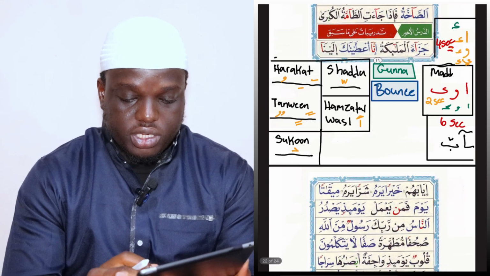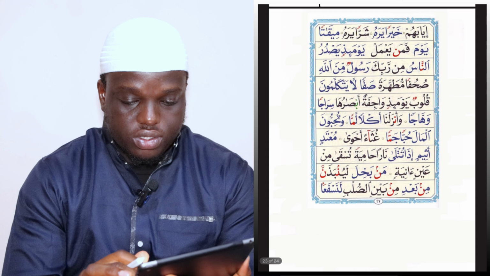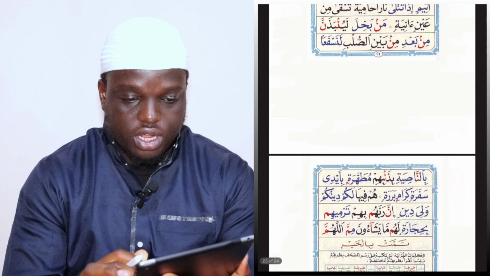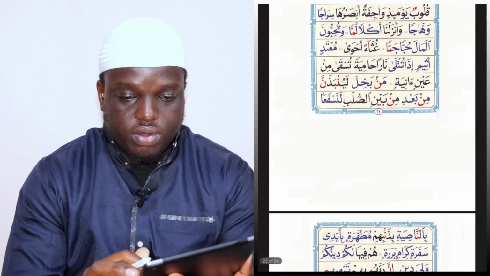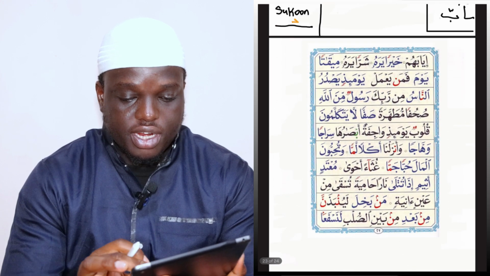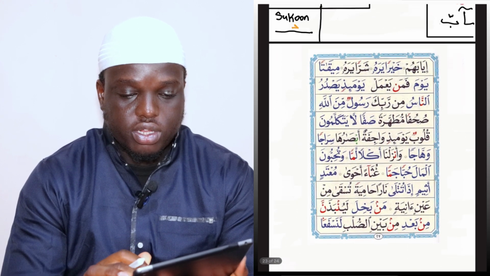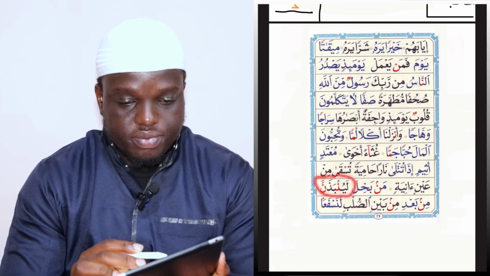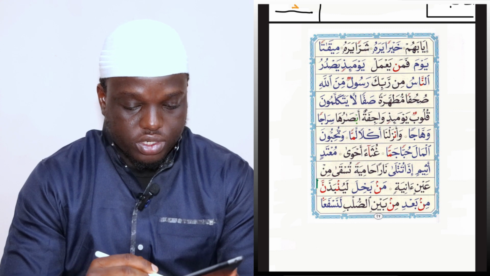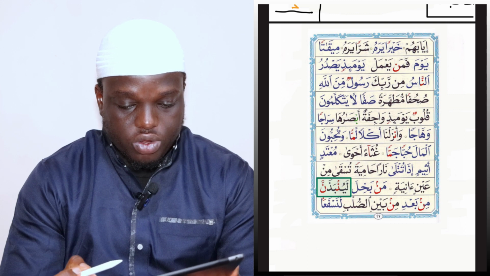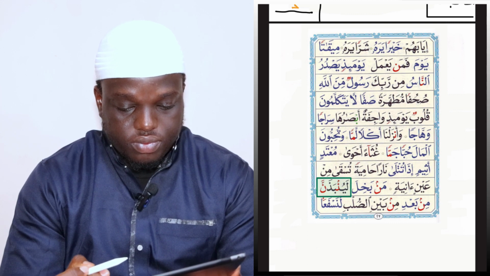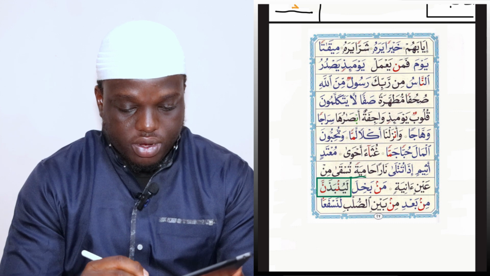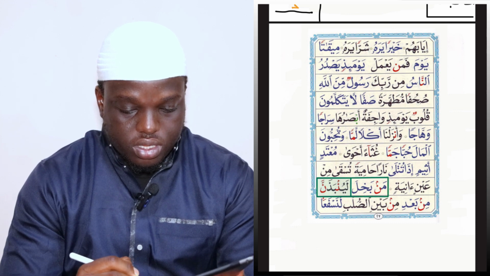So we're just gonna quickly go over some words here, inshallah. There are just a few new things that we can find in this lesson, just to strengthen our understanding. So we see one right here. Let me circle this word. Also, we see the same here, just in this line.